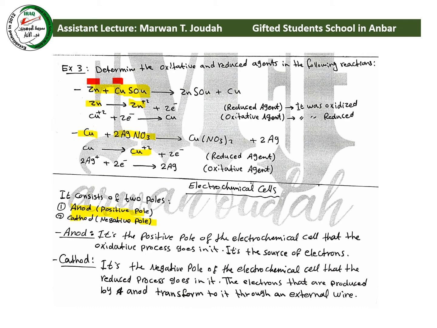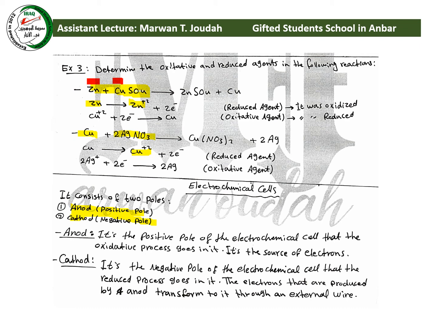The anode is the pole of the electrochemical cell where the oxidation process goes on, so it's the source of electrons. The cathode is the pole of the electrochemical cell where the reduction process goes on. The electrons produced by the anode transfer to it through an external wire.